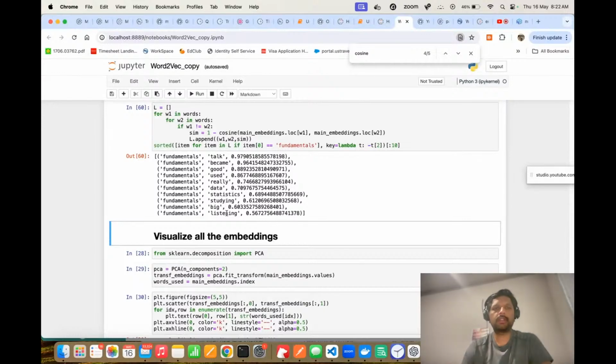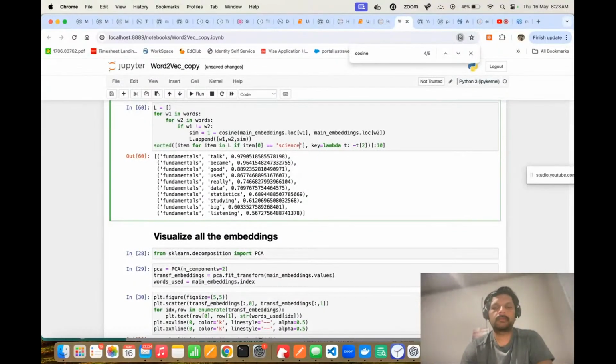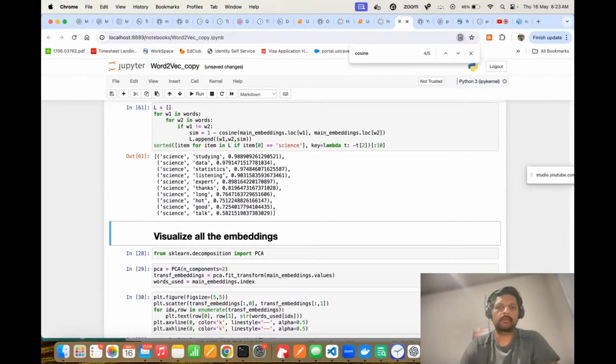Today, they have removed that. So closest to fundamentals is talk, become, became, and let's say science. The listening, thanks, long, hot, good talk.